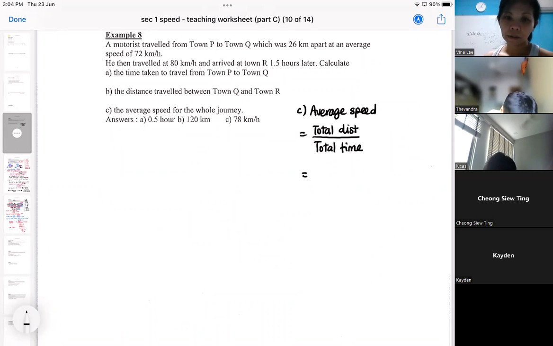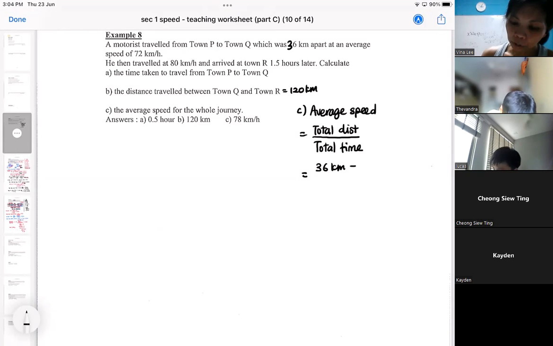The first part, the distance is 36 kilometers. Then the second part is the answer from part B. So you add up. That's called the total distance.